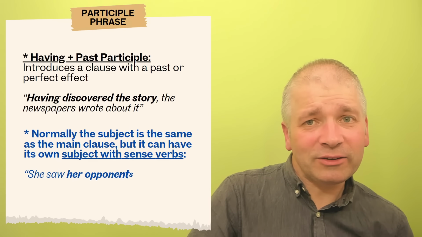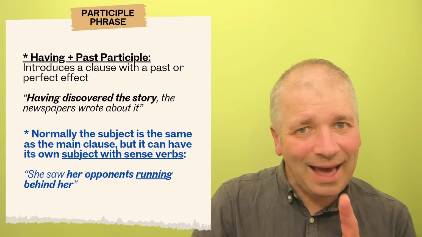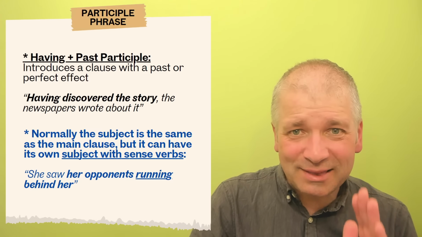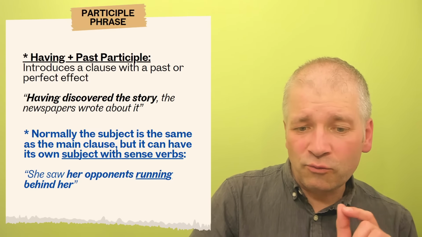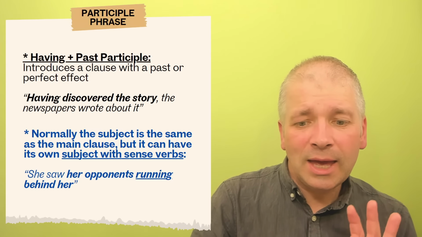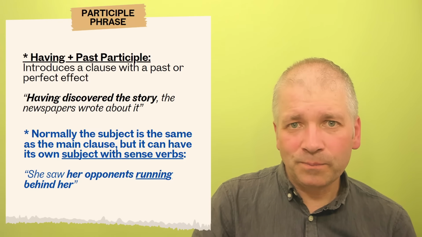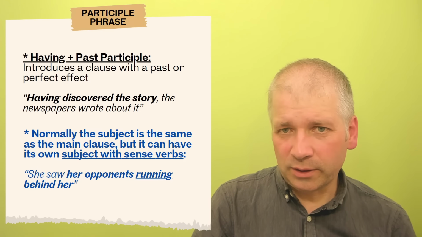Normally, the subject in a participle phrase is the same as the main clause, but it can have its own subject in certain conditions, such as with sense verbs. For example, she saw her opponents running behind her. Here, running is a present participle, and it has its own subject, her opponents.